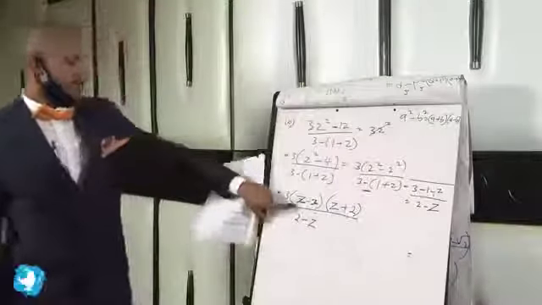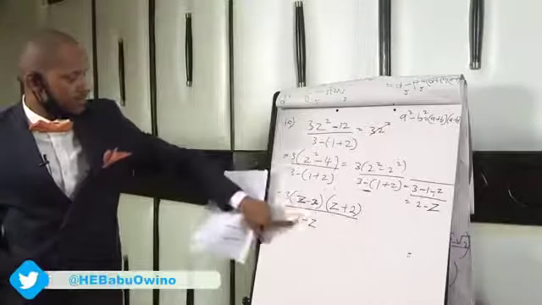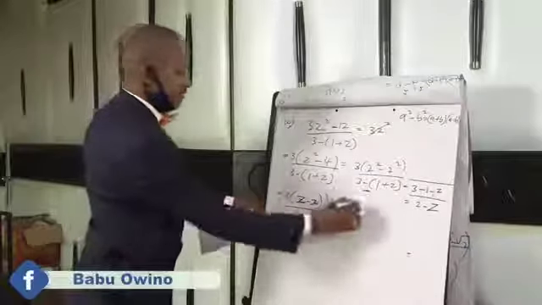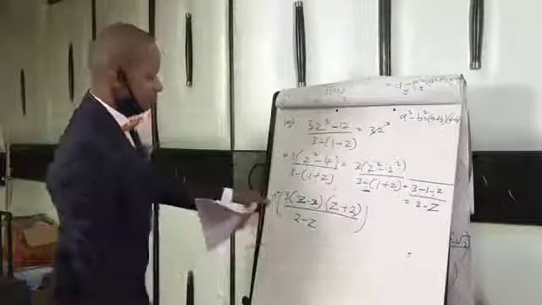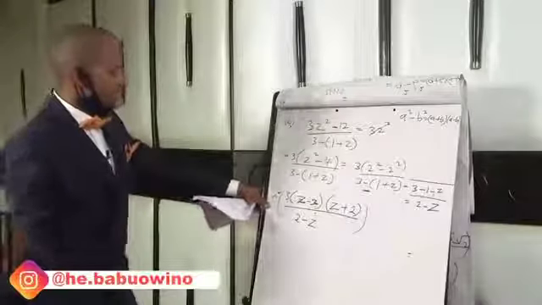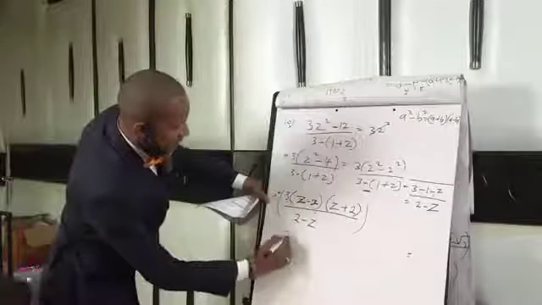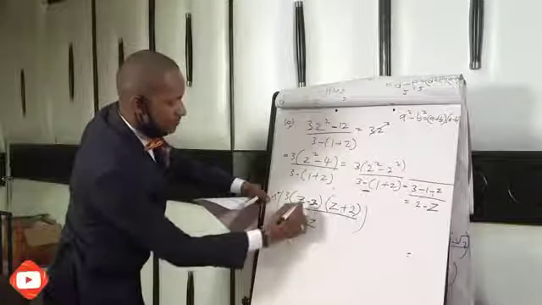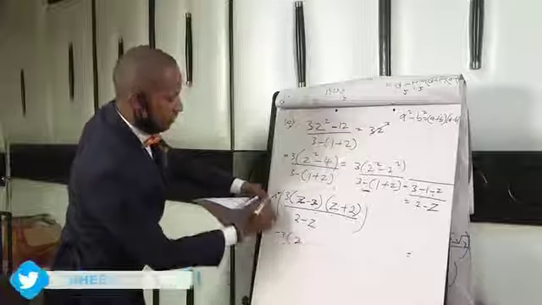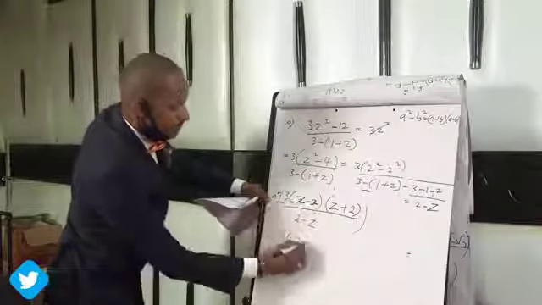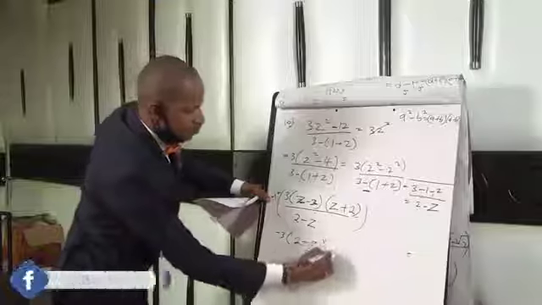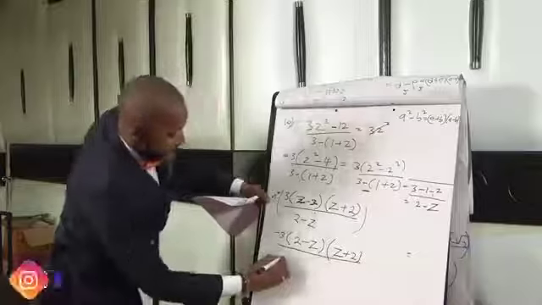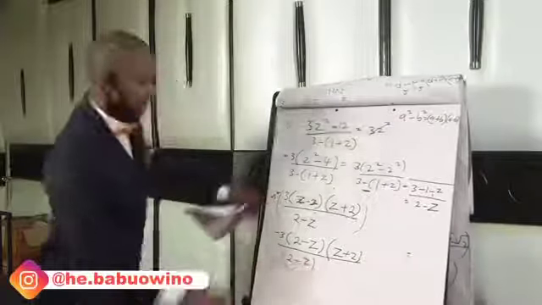Again, there is a relationship between z minus 2 and 2 minus z, but we introduce a negative 1 at the numerator. So when you introduce a negative 1 at the numerator, we will have negative 3 into, this is z, minus 1 times 2 times minus 2 is 2, then minus 1 times z is minus z, into z plus 2. This remains. You divide by 2 minus z.